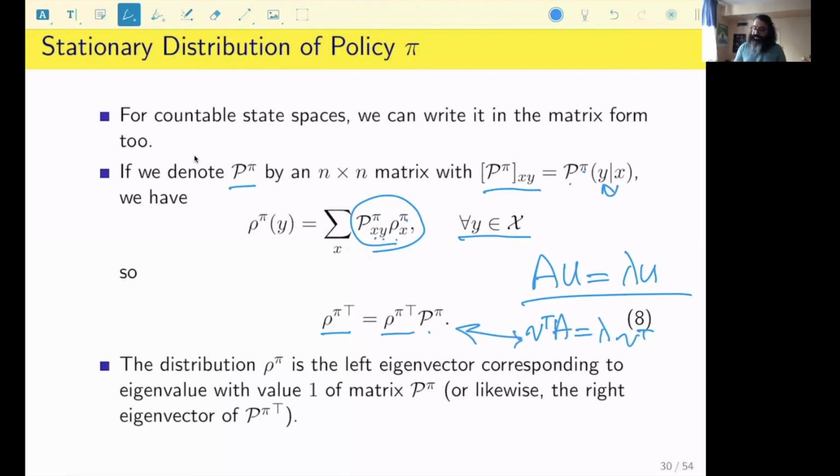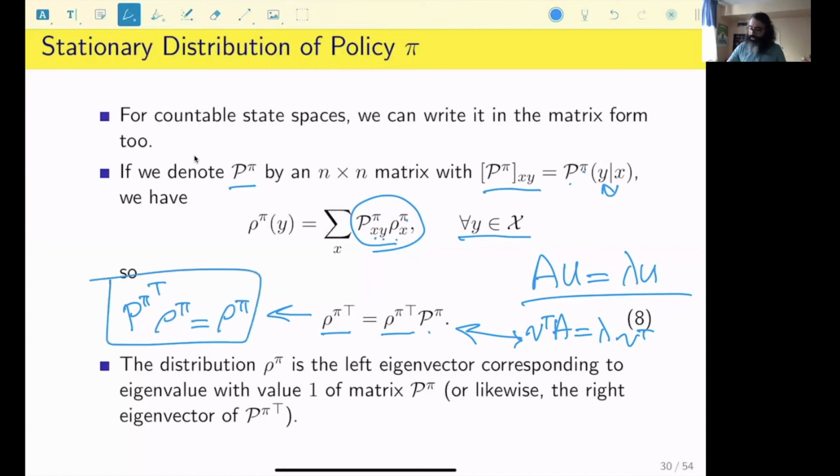Or likewise, we can take the transpose of both sides and get P pi transpose times rho pi equal to rho pi.